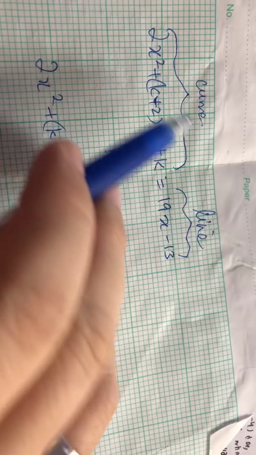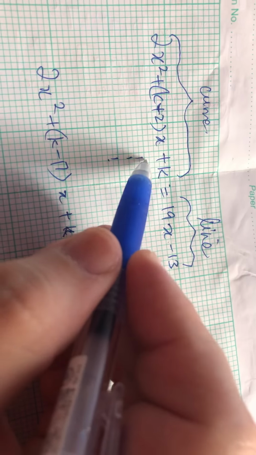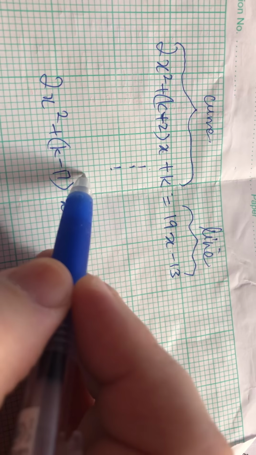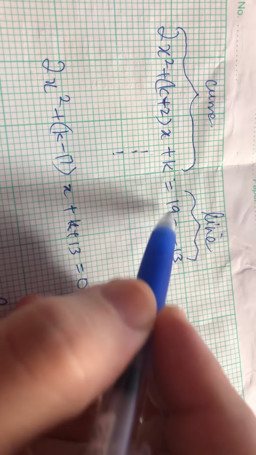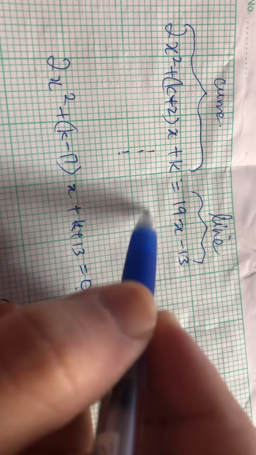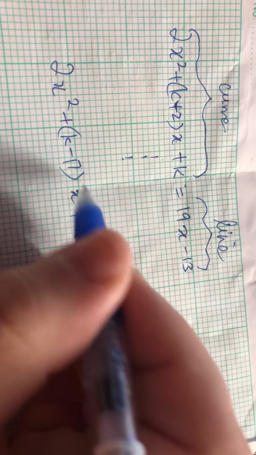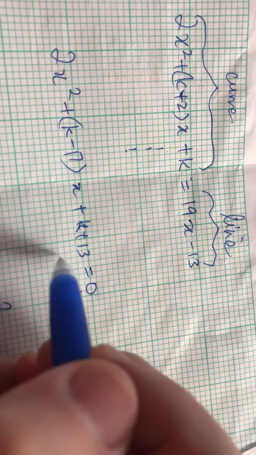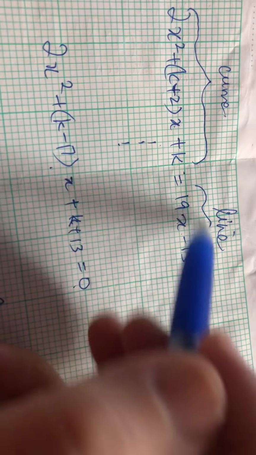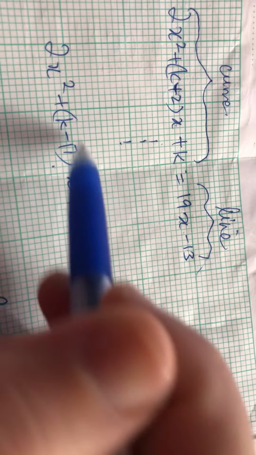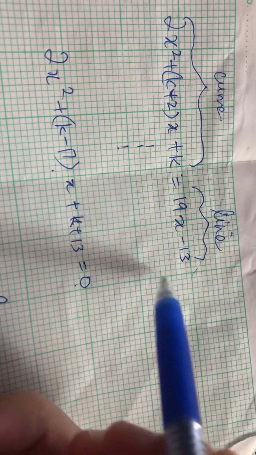All right. So when you combine these two together, you use algebraic manipulation. You bring all the terms over, and then you make the right hand side equal to 0. You end up with this. Now, although this is the equivalent form of this equation, that means this whole equation is equivalent to this.